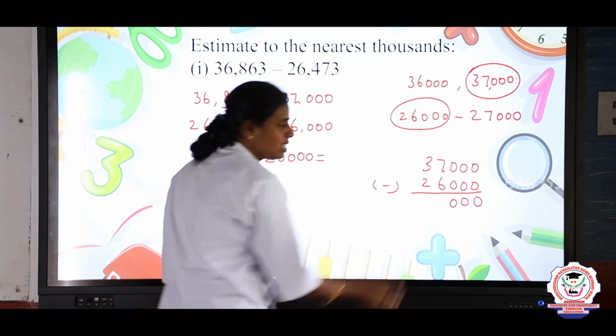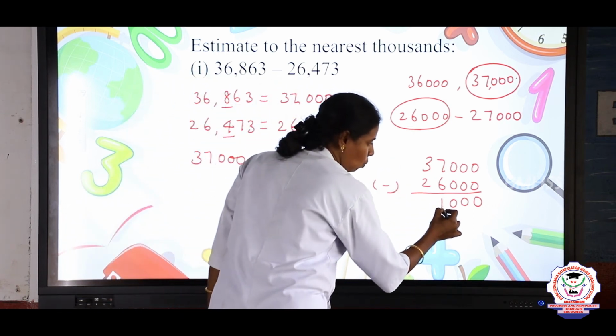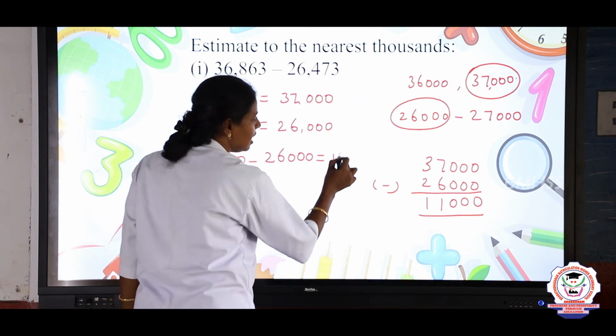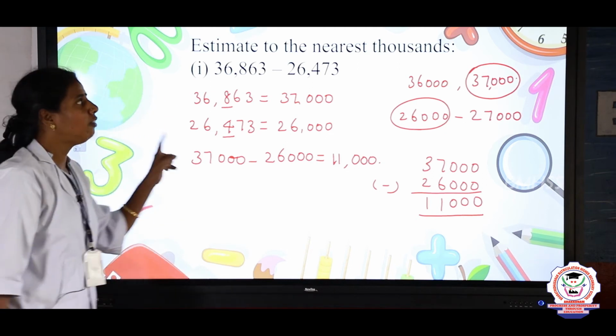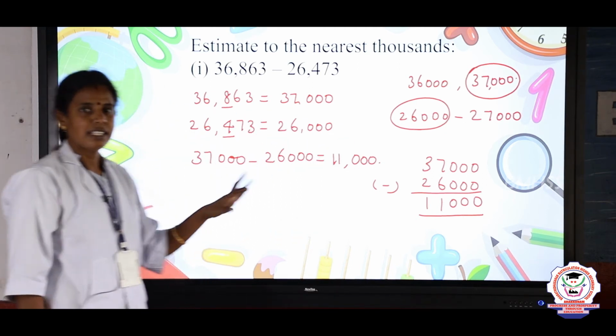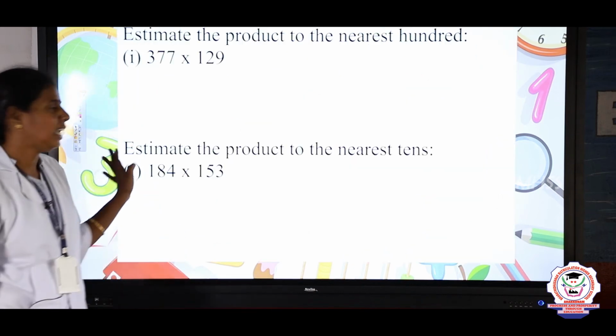Now 7 minus 6. What is 7 minus 6? 7 minus 6 is 1. 3 minus 2 is 1. Therefore, the answer is 11,000. Is it clear how to find the estimated value to the nearest 1000 in addition and subtraction? Next, we are going to see how to do multiplication.